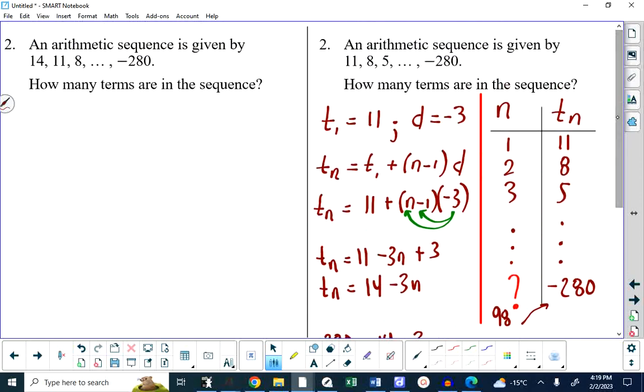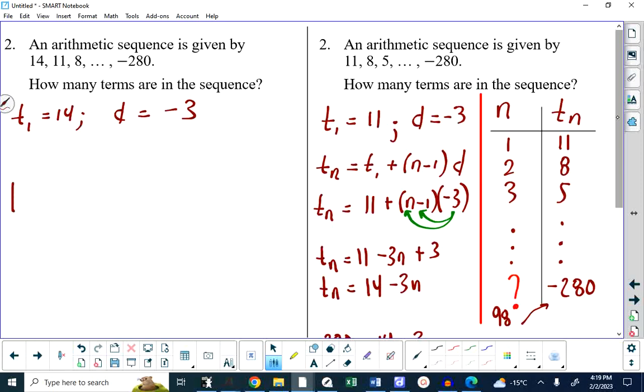If you do the same thing over here, the first term is 14. The common difference is negative 3. In fact, everybody, it's the exact same sequence as the other version of the quiz, except I've got an extra term before the 11.